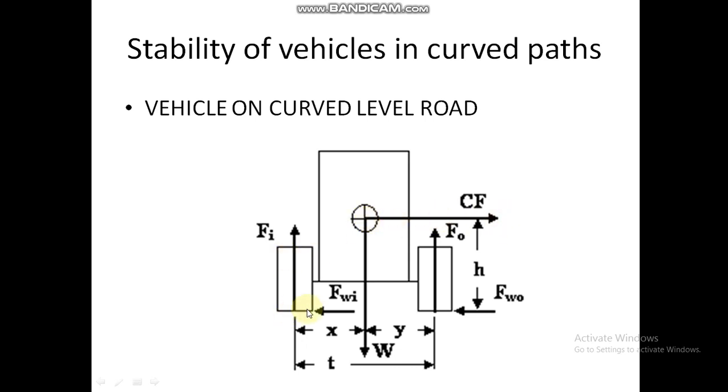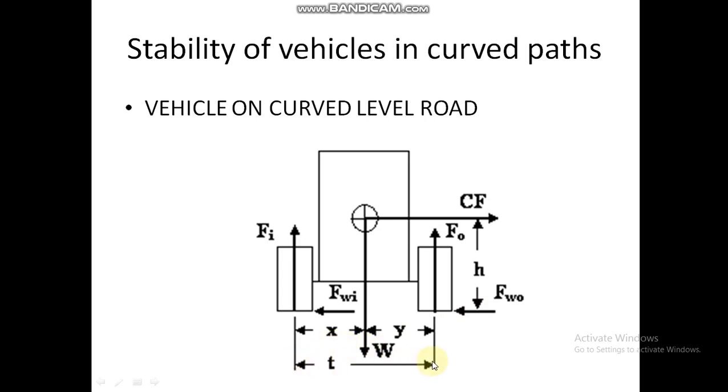This wheel is the inner wheel and this wheel is the outer wheel while the vehicle is taking a turn. Fi is the reaction force on the inner wheels. Fo is the reaction force on the outer wheels. Fwi is the friction force on the inner wheel. Fwo is the friction force acting on the outer wheels.